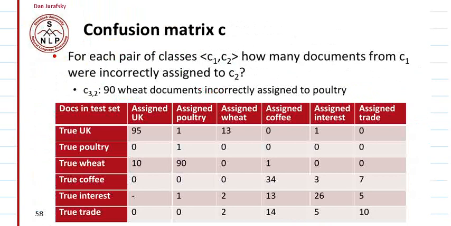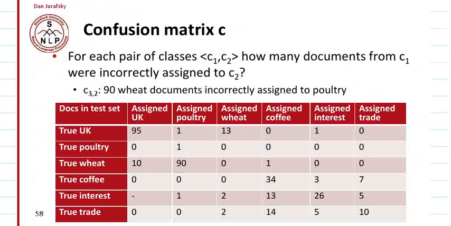So in this contingency table, this is again a problem of text classification, in which we have 6 classes. The documents are based on UK, poultry, wheat, coffee, interest and trade, and the system is classifying the documents into these 6 categories, right?